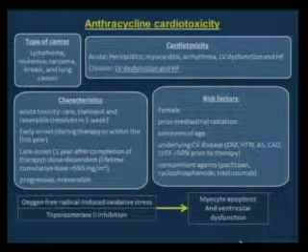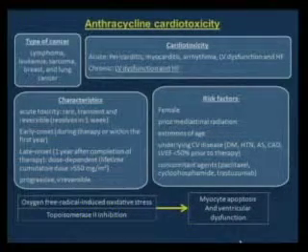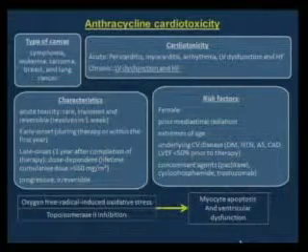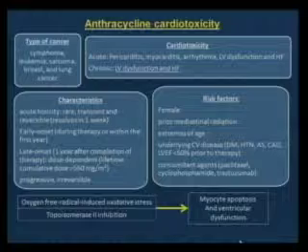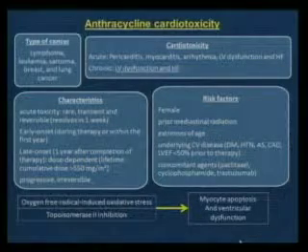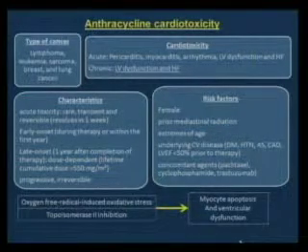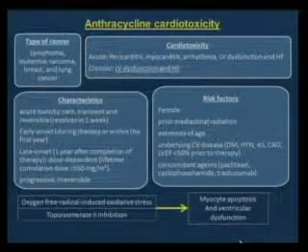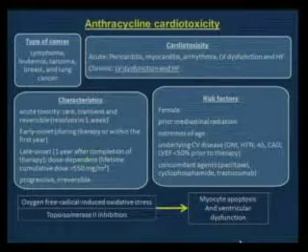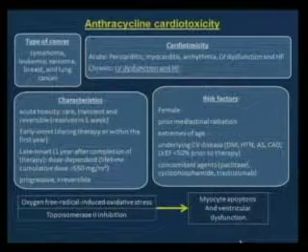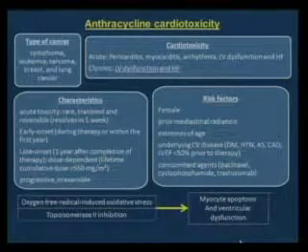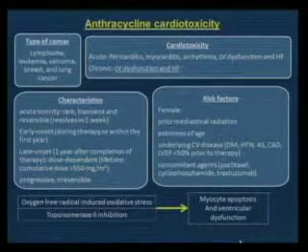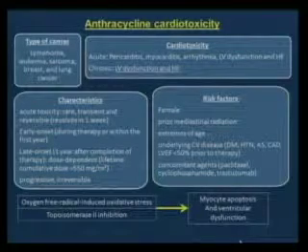How does it occur? When it comes to pathophysiology, for all these chemotherapy agents, we really don't know how the cardiotoxicity occurs. There's some speculation, some hypotheses generated based on studies they have done. With anthracycline, it is thought that it comes from oxygen free radical direct toxicity to myocytes, and it also leads to topoisomerase 2 inhibition.